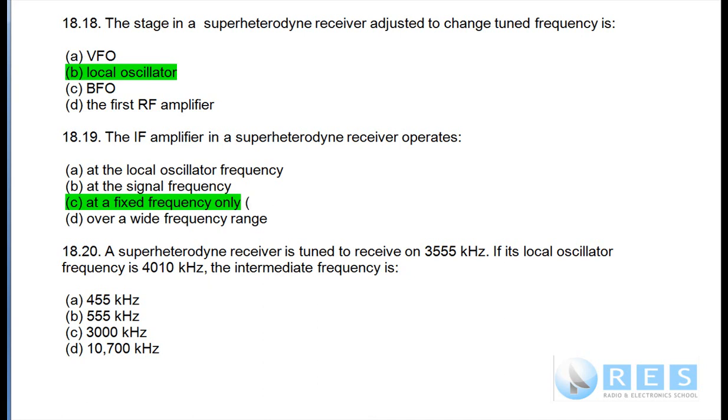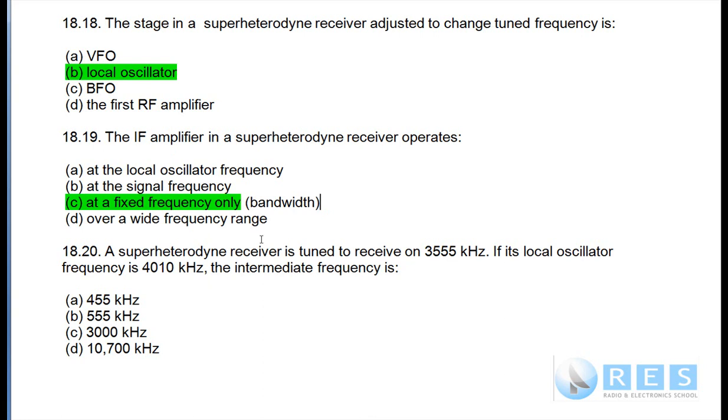That's a correct answer. But it operates over a narrow band because it might have to pass single sideband, which is 3 kilohertz, double sideband, which is 6 kilohertz. So it has bandwidth. It's not just a single frequency. It's usually plus or minus 1.5 kilohertz, which is 3 kilohertz for SSB, and 6 kilohertz for double sideband.